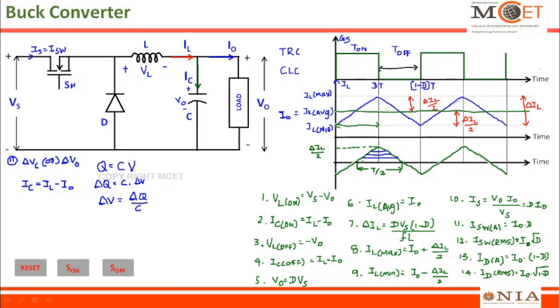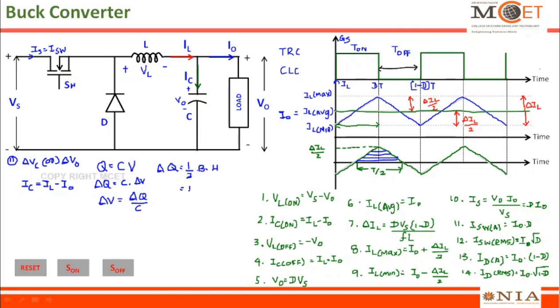So I am interested in calculating the area of this shaded portion only, because only during this time is the current positive. This is a triangle. The area of this triangle is what we call delta Q, given by half into base into height, that is breadth into height.